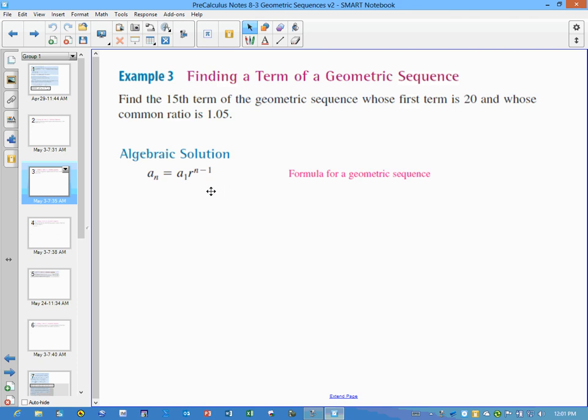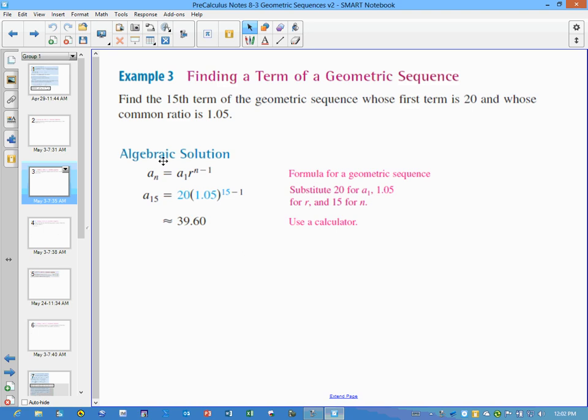And we just recognize that a sub 1, that was 20, was given to us as the first term. R, the common ratio, is 1.05. And n is 15 because we want the 15th term. So substituting in those numbers and a little bit of arithmetic, you should get approximately 39.60.